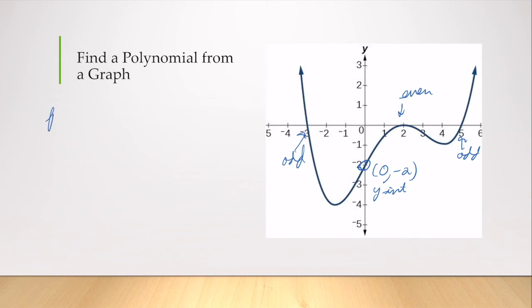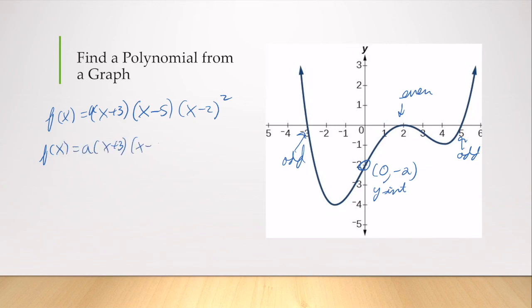So I'd have f of x equals a times x plus 3 times x minus 5 times x minus 2 squared. So I have f of x equals a, x plus 3, x minus 5. This didn't take up so much space. Times x squared minus 4x plus 4.